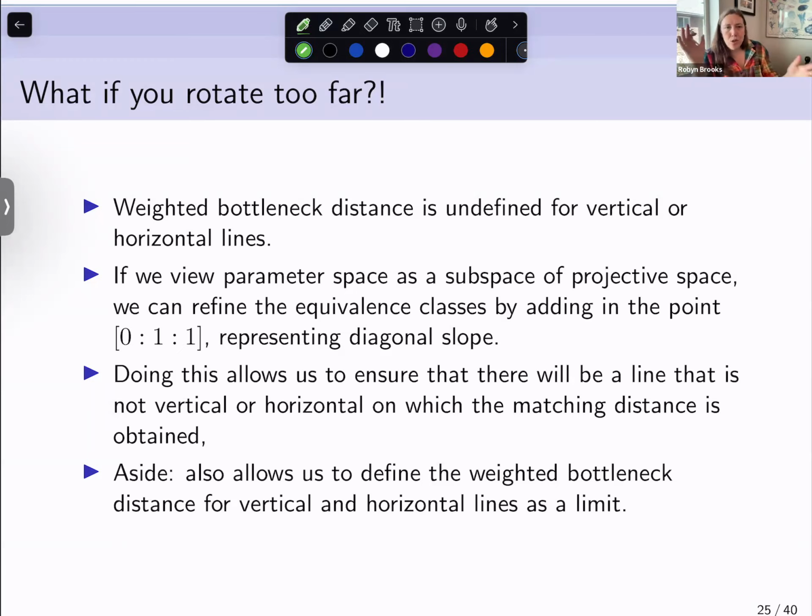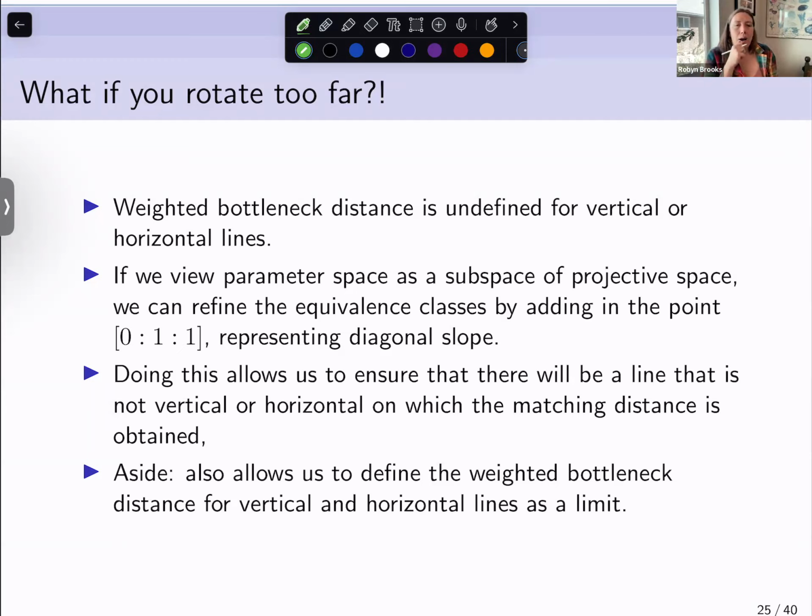So without getting too much into this, this ensures that we can always find a line that isn't vertical or horizontal on which the matching distance is obtained. We can ensure that we can always rotate towards the diagonal. We never have to rotate too far away. And this also allows us to define the weighted bottleneck distance for vertical and horizontal lines as a limit.